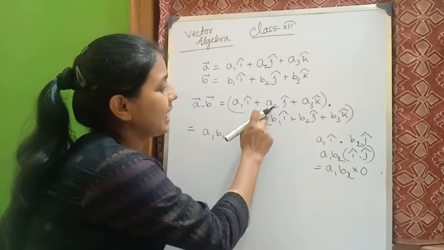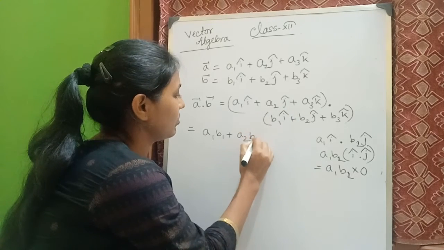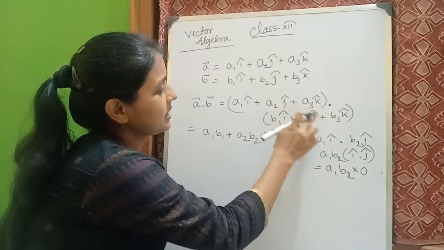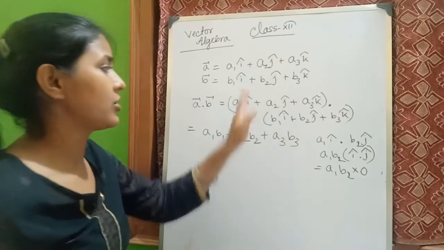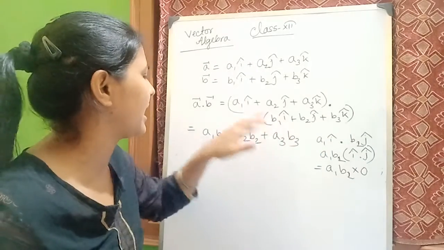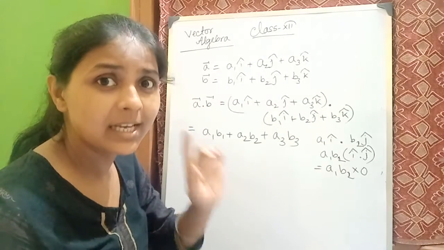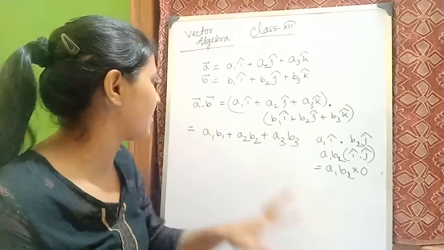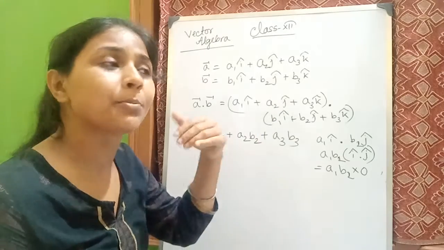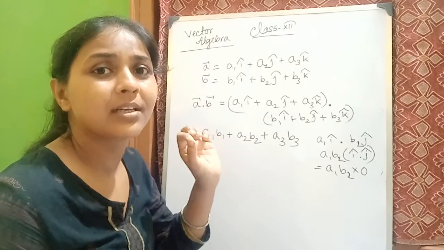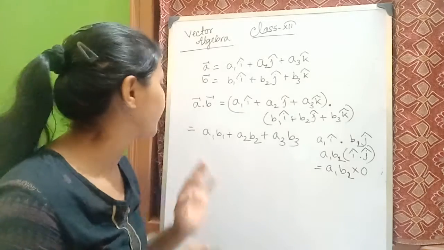Similarly we get A2 B2 because this is j dot j, and this one is A3 B3. There are 3 into 3, that means 9 terms. Among those 9 terms, 6 terms have dot products of perpendicular vectors, which is why they get the value 0.